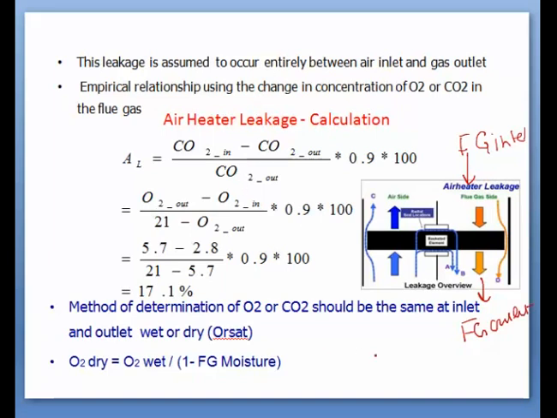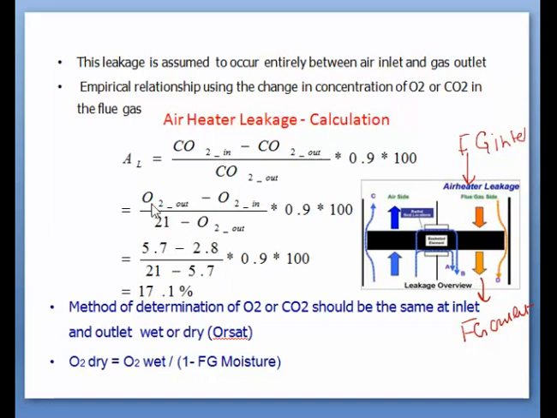Definitely because of short circuiting, the air will leak through the seals and it will directly reach the flue gas, and hence the percentage of oxygen at outlet in flue gas will increase in comparison with the percentage of oxygen at inlet.